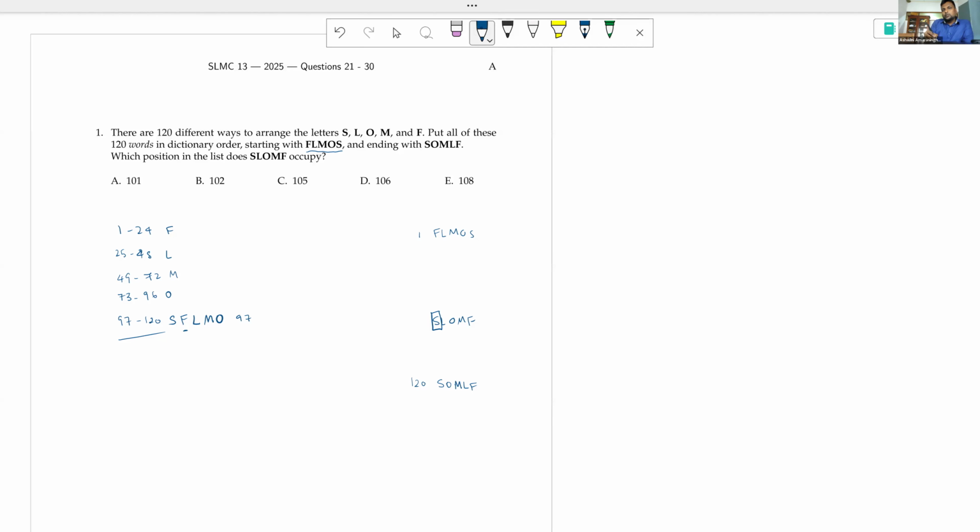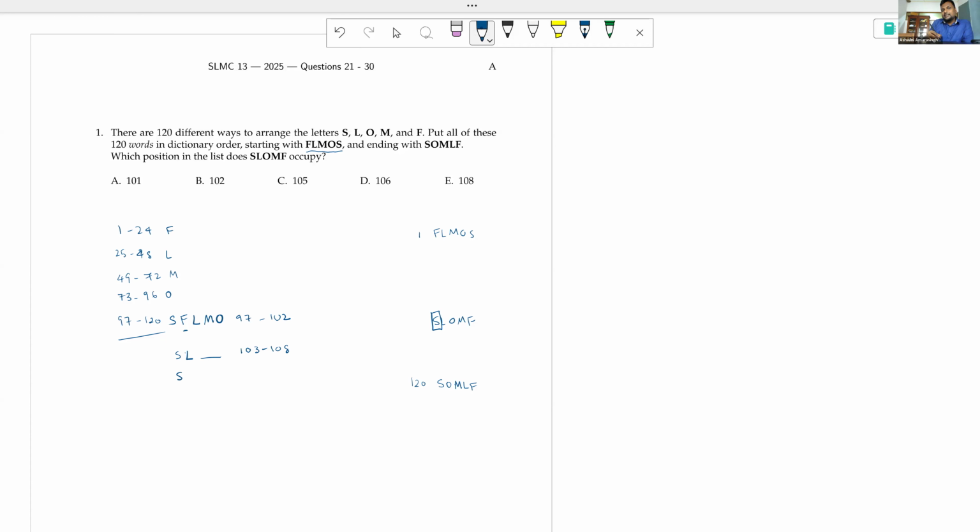97 to 102 will have the second letter F. And then we will have the second letter L, that would be from 103 to 108. Okay, 6 words, and then we can just count them, right?